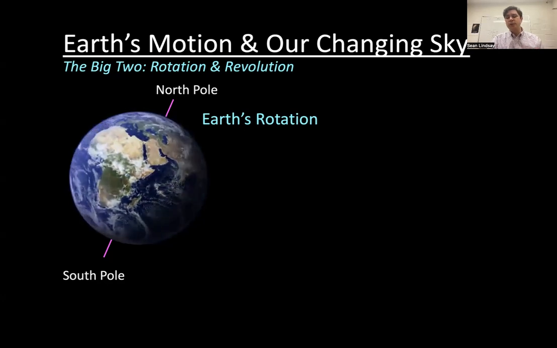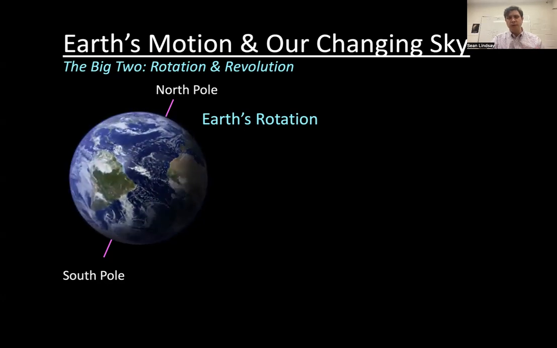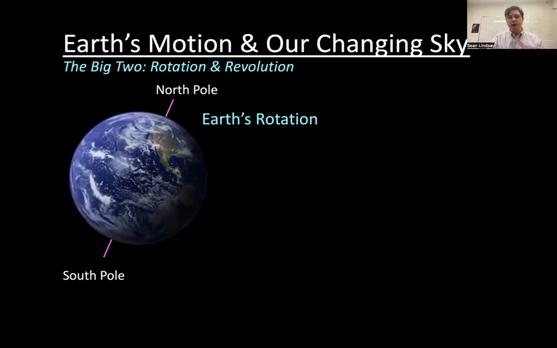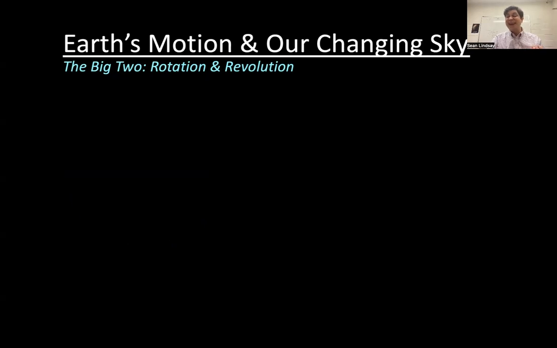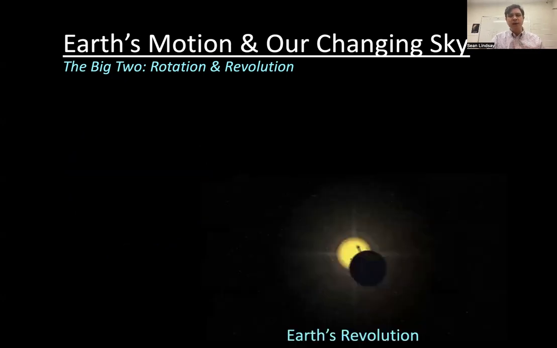And then the second one we're going to talk about, the other really important motion of the Earth, gives us an annual change in the sky, which really tells us what constellations are going to be up at what time of year. And whenever we're talking about the constellations being up, of course, we're talking about what we can see at night. And what constellations we can see depends on Earth's revolution, its orbital motion around the sun.